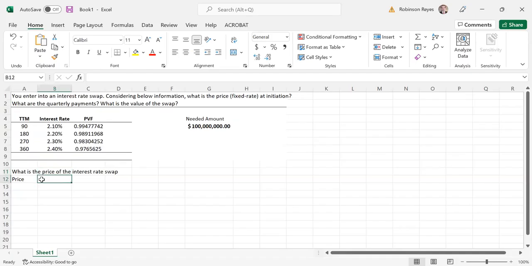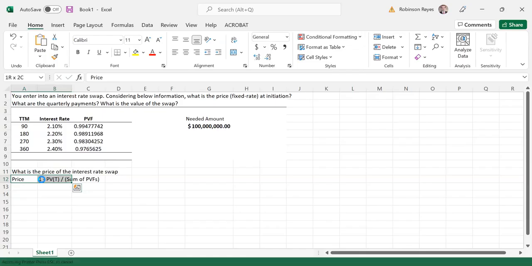So the formula, you can look back to the whiteboard, was 1 minus the terminal present value factor, divided by the sum of the PV factors, right? That is quite a straightforward formula.